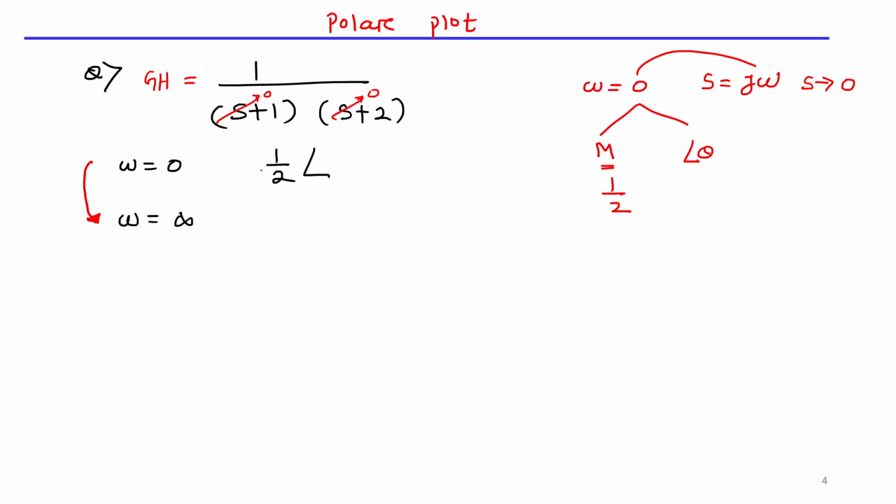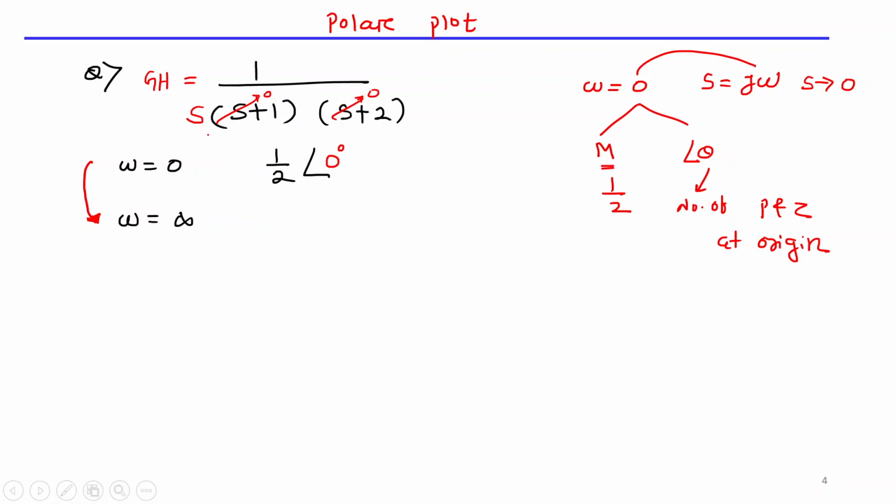I told you that at omega equal to 0, the angle is given only by the number of poles and zeros at the origin. You see that there is no pole or zero at the origin, so this angle is by default 0 degrees.